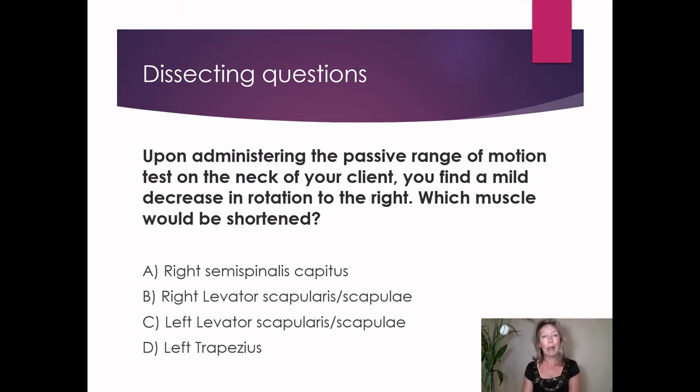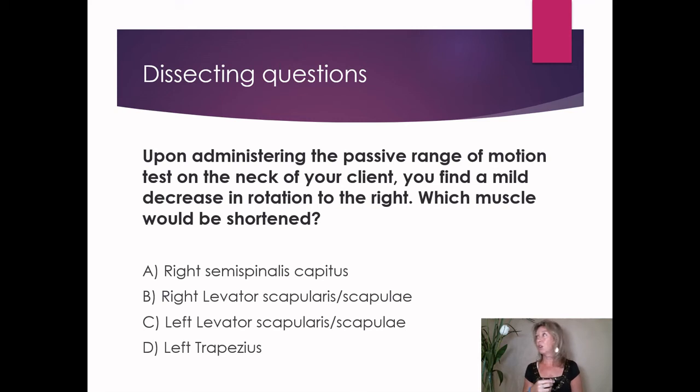All right, put your thinking cap on. Do it with yourself. Rotate to the right. Which muscle would be shortened? If this is my full range of motion to the right, and I have a mild decrease in rotation, something is shortened.